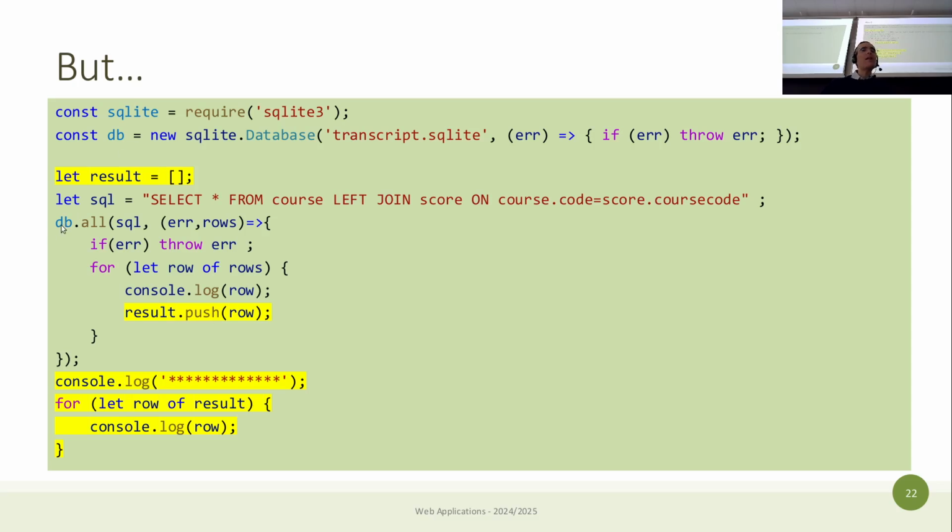The point is that when you call db all, you don't wait for the callback to be executed. You just go on, and then you print console log stars, and then you execute the for let row of result console log row.